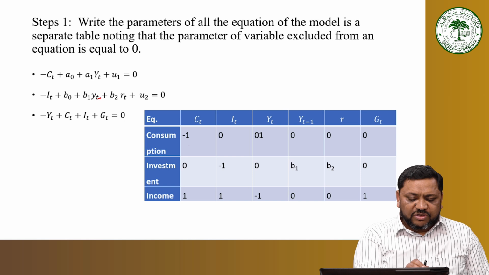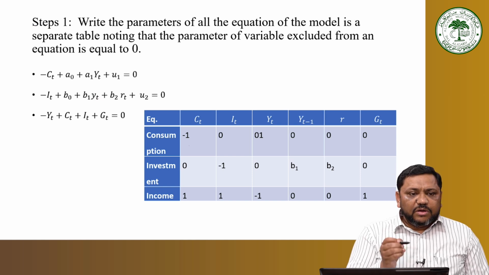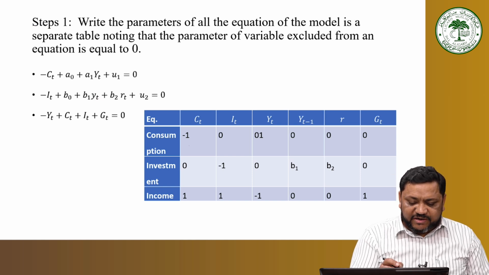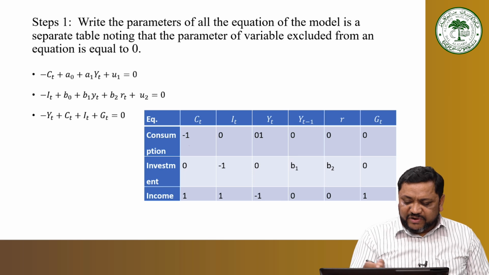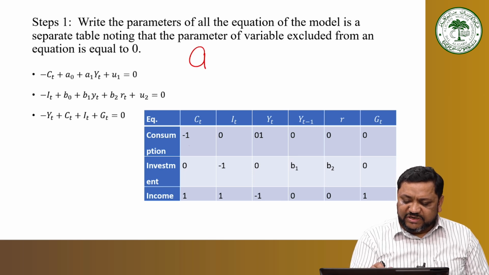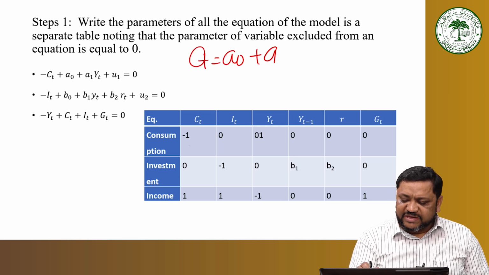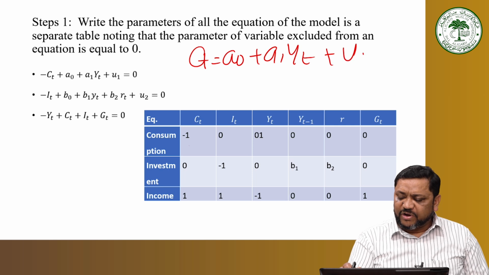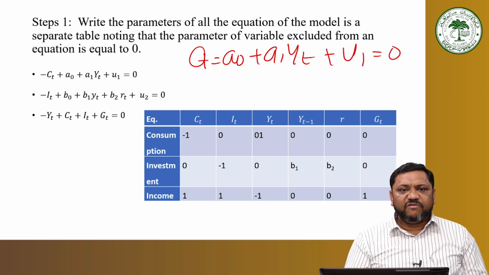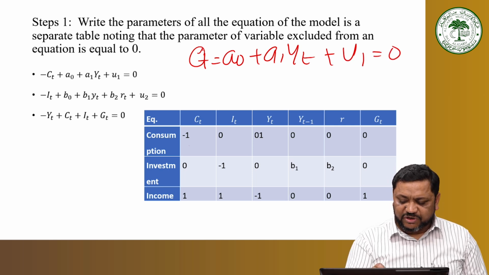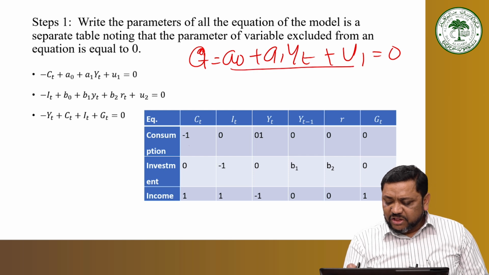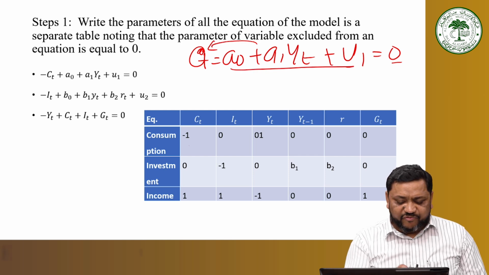So, we go to the first step. The first equation was C_t equals A0 plus A1 Y_t plus U1, our consumption equation. Now, we take all these terms to the left hand side and equate it to 0.